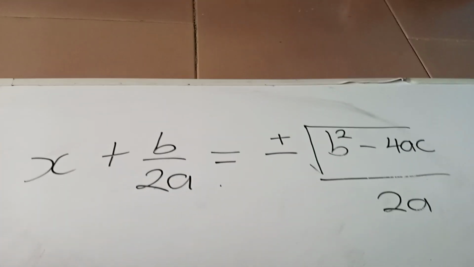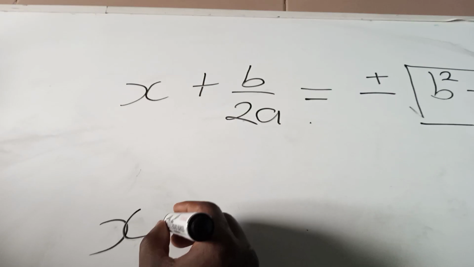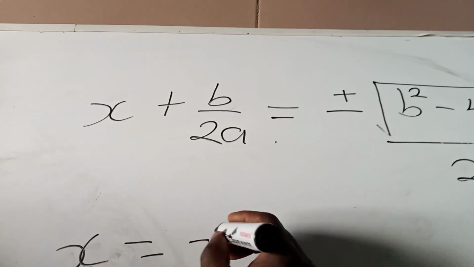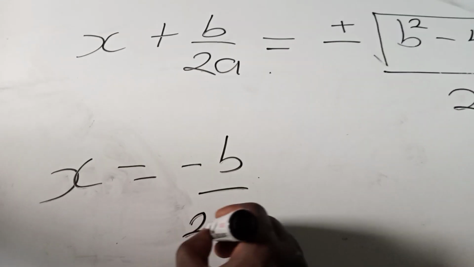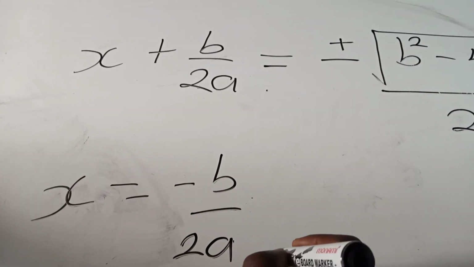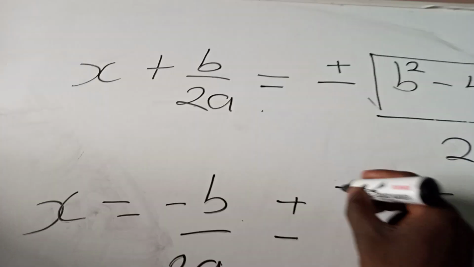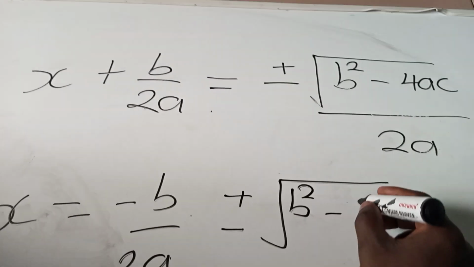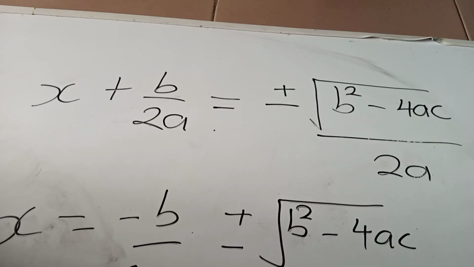So in making x the subject, you will get x is equal to minus b over 2a plus or minus root of b squared minus 4ac all over 2a.